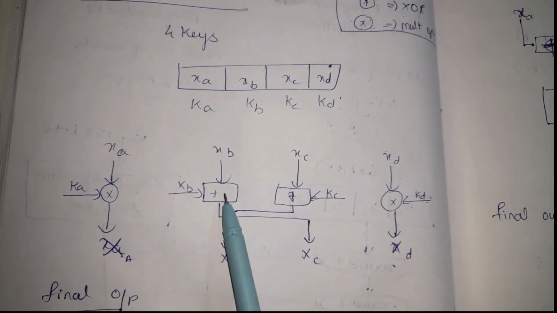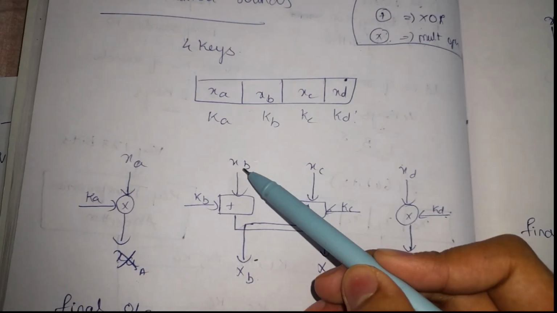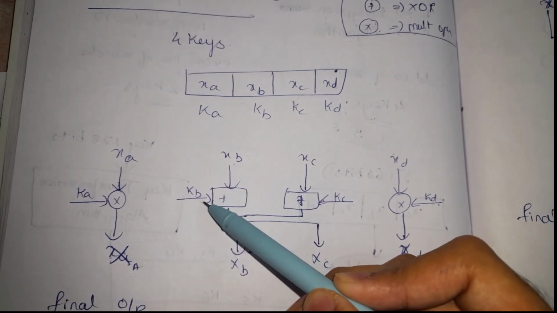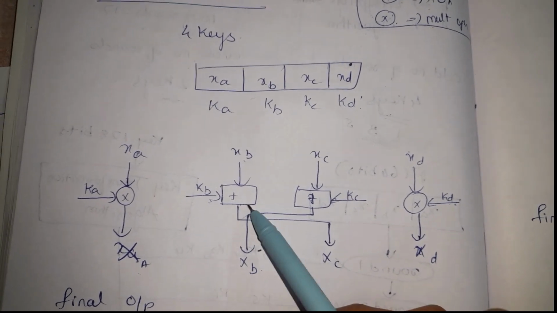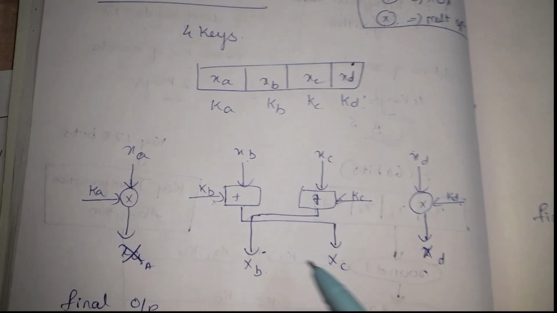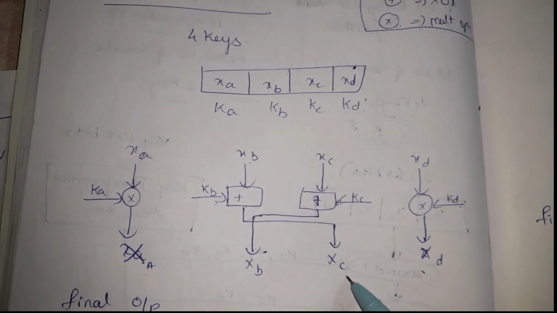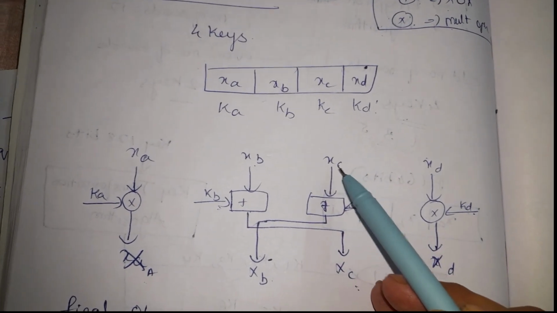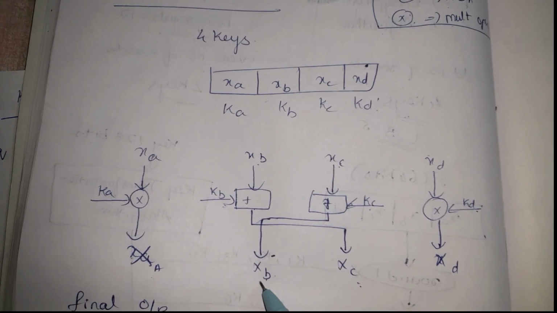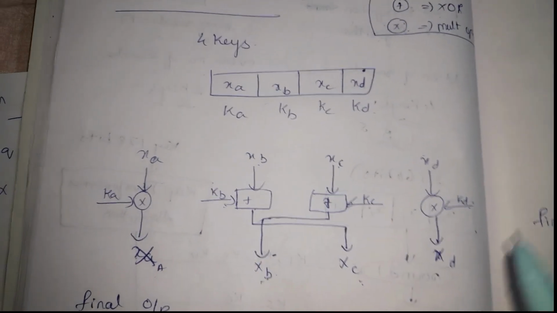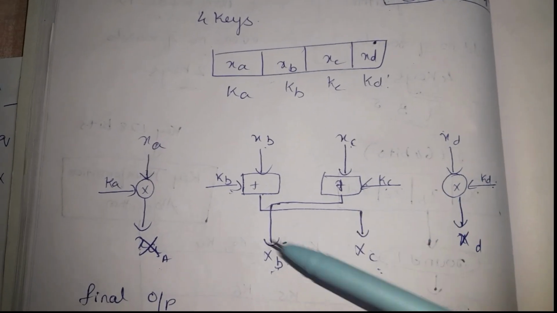Now take a look at this. XB is performing an addition operation with KB, and the output of this operation is stored as XC, and the output of XC and KC is stored as XB. In order to increase the complexity, we do this swapping operation.